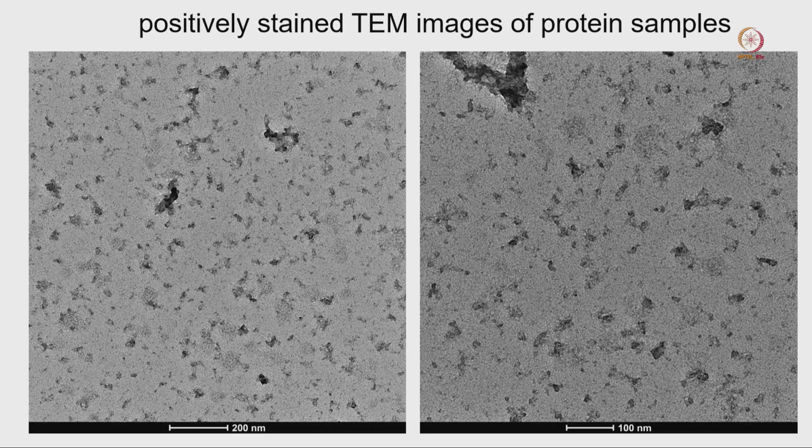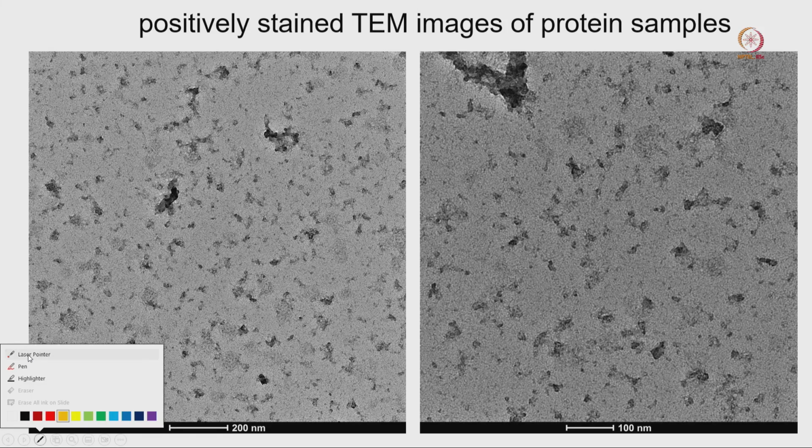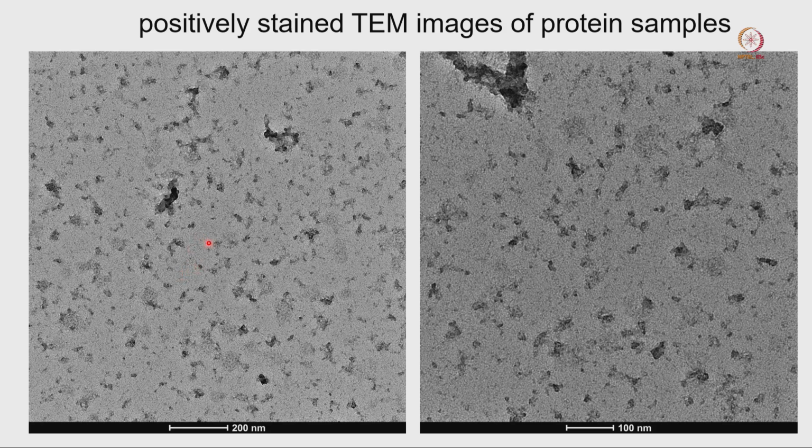Now, I will show you a couple more images. In this particular image, what you can see is a white background. Most of the area has a huge amount of white background, but in some places there are black patches. So this staining is not proper at all.